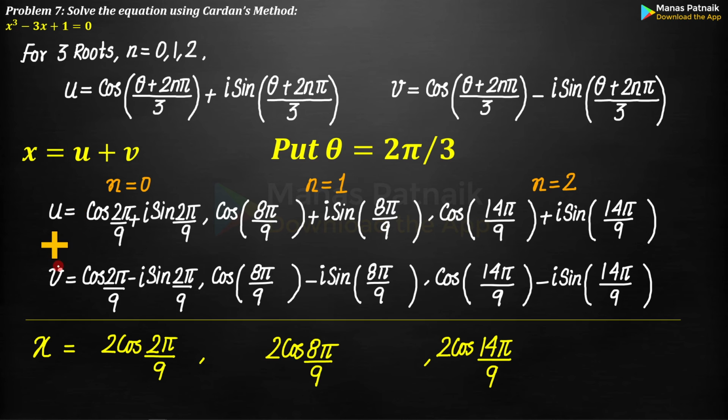The moment I apply this operation, the imaginary terms are going to cancel each other out, and what's left is just 2 cos 2 pi over 9, 2 cos 8 pi over 9, and 2 cos 14 pi over 9, which happen to be the 3 roots of this cubic equation. Wonderful, isn't it?